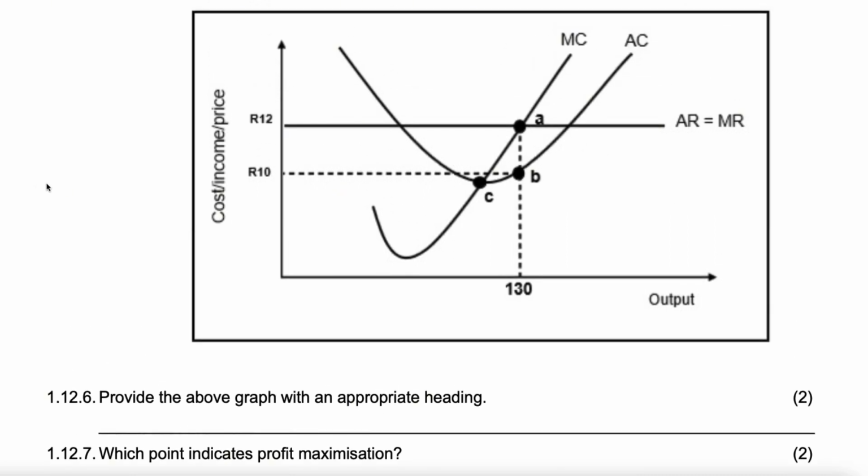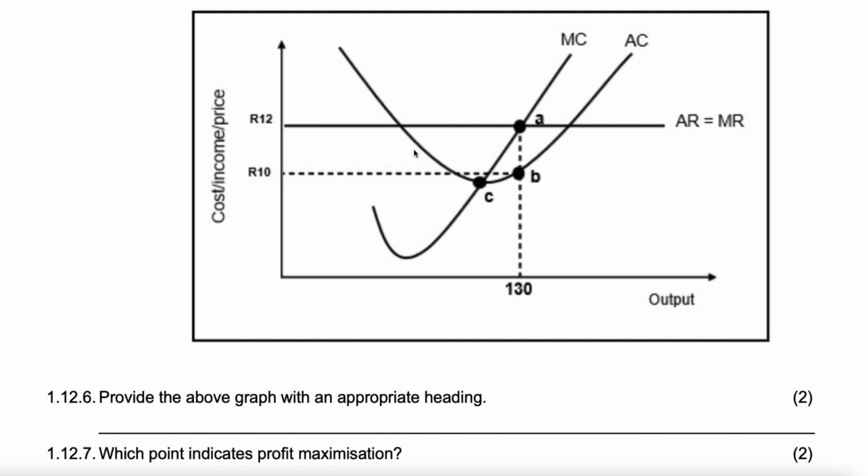Well, the firms are making economic profit. I'm not giving you what you should write yet. I'm just explaining first, then I'll give you what you'd possibly write. This particular firm is making an economic profit, and clearly this is the short run, because perfectly competitive firms will not make economic profit in the long run.